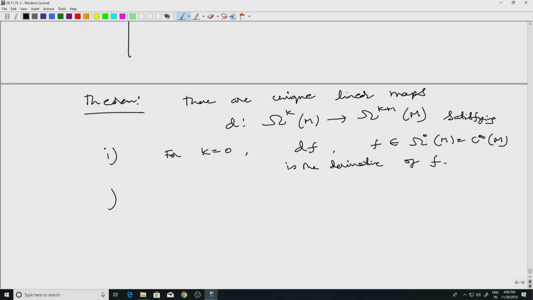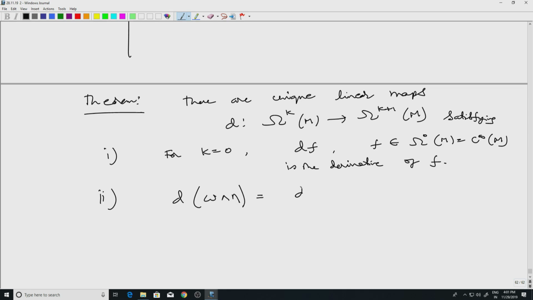In other words, whatever we had defined earlier. And d of a product: now this d is supposed to be some kind of derivative, so whenever we have derivatives, we expect a product rule.